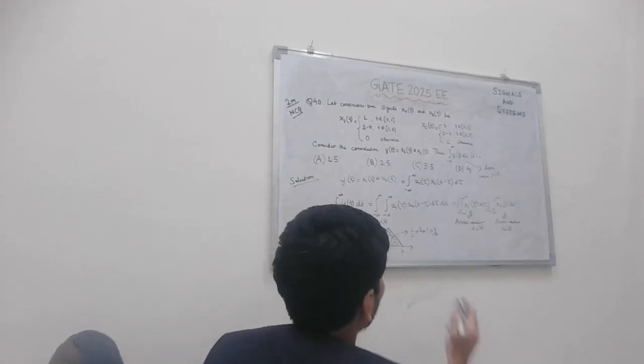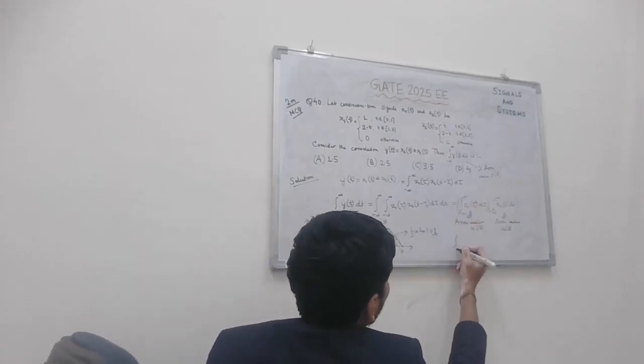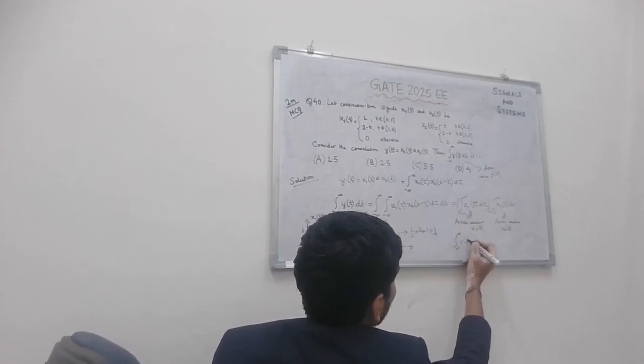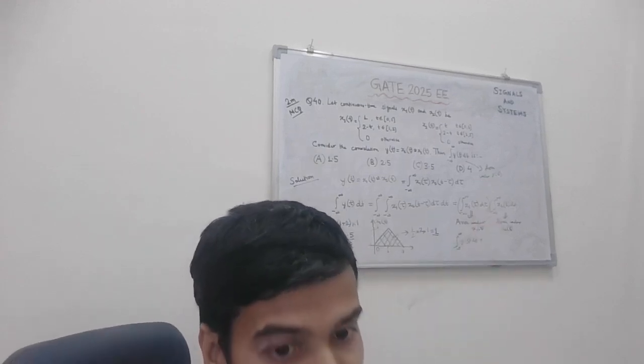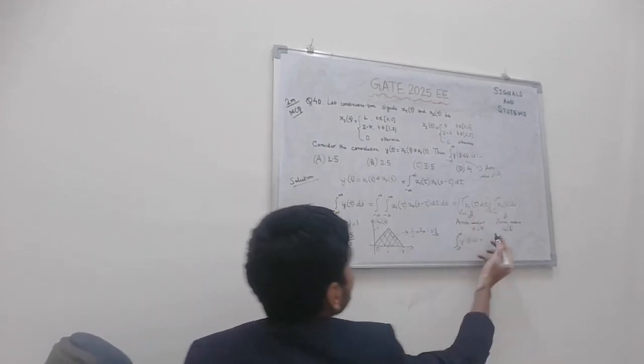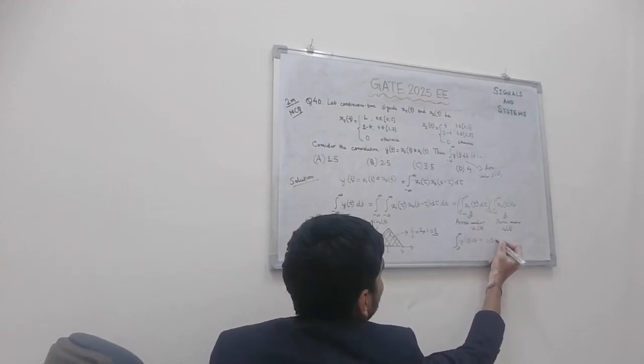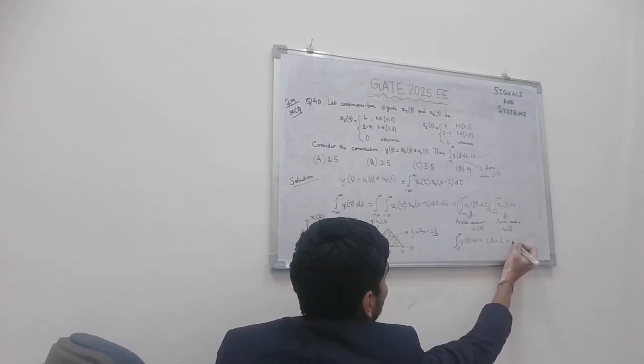So the area under y of t, the integration from minus infinity to infinity of y of t dt, will be equal to what? The product of the areas under x1t and x2t, which will be equal to 1.5 into 1, that is again 1.5.